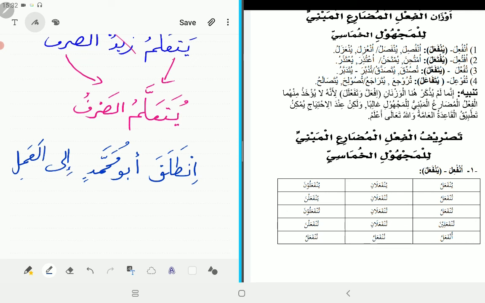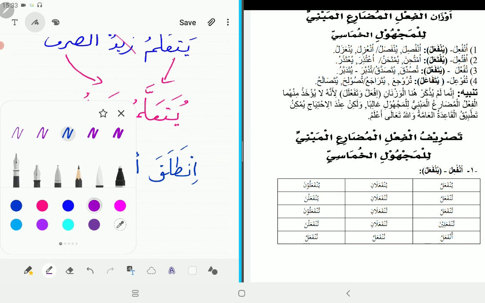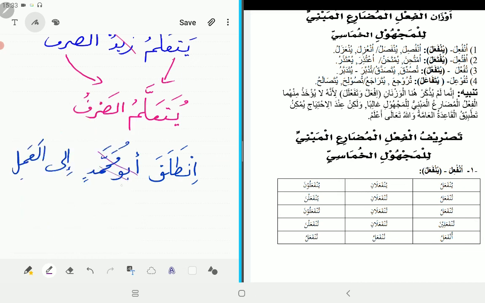Now I want to make this present tense passive voice. I want to say work was departed to without mentioning who did it. So first step, again, remove the fa'il, we get rid of Abu Muhammad. So now we don't have a maf'ul. There's no object. The maf'ul bi is not here because the verb is lazim. It's intransitive as opposed to the previous examples with the transitive verb. So what am I going to do?